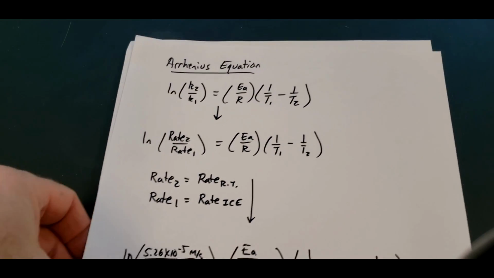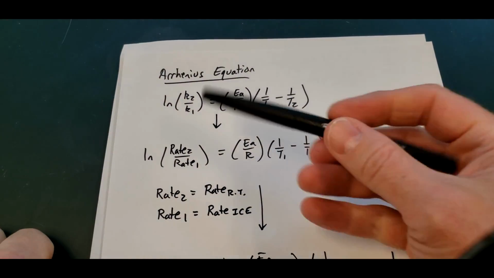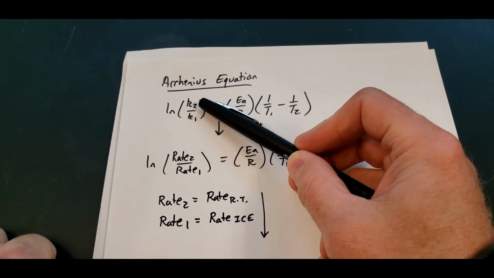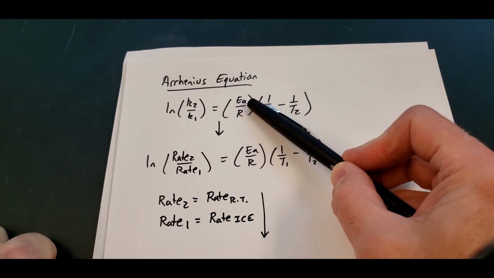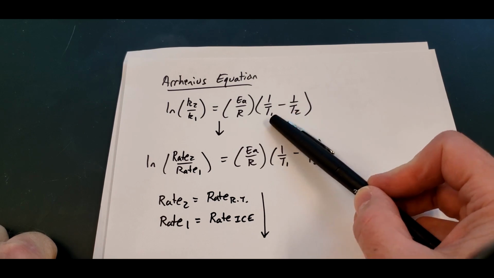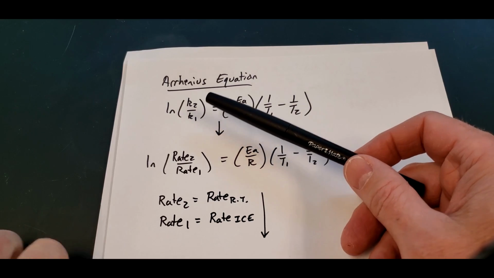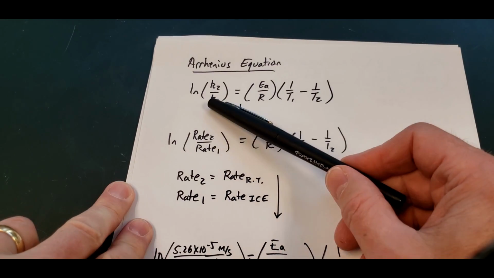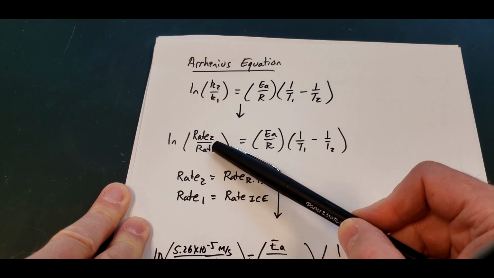Okay, so to work with our Arrhenius equation, we have the natural log of the ratio of rate constants is equal to the activation energy over the gas constant, times 1 over T1 minus 1 over T2. Well, I show in our lab book that the ratio of rate constants is equal to the ratio of rates.